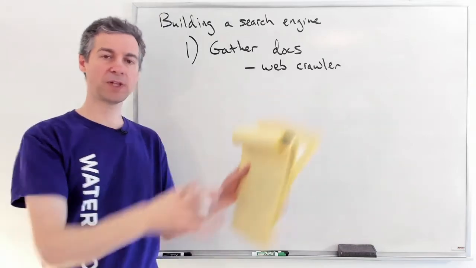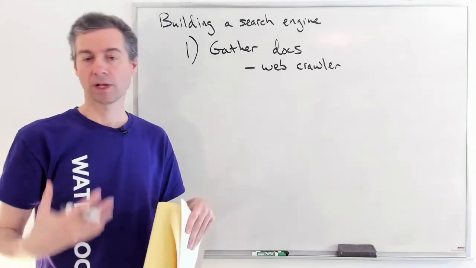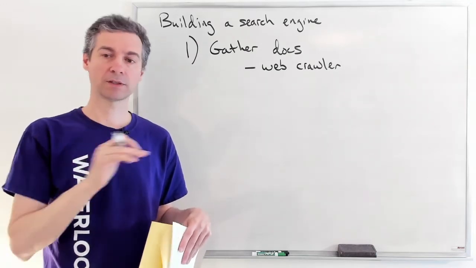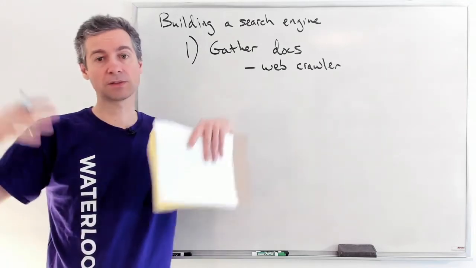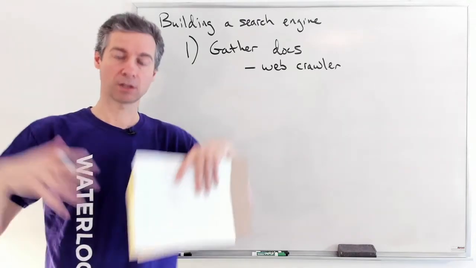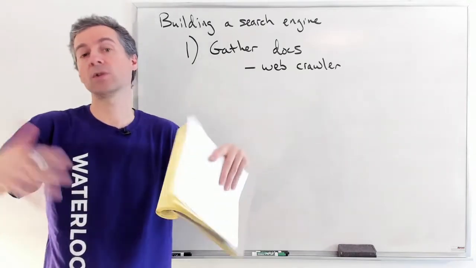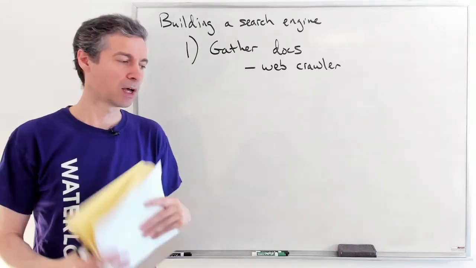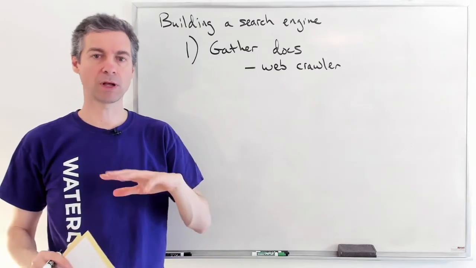It fetches one of those pages, brings it in, and then reads it. And it says, oh, okay, it has these following links. And in a very much breadth first fashion, it then goes and fetches those links, which have links, and it fetches those, and so on and so forth.